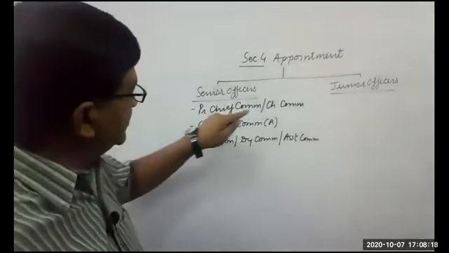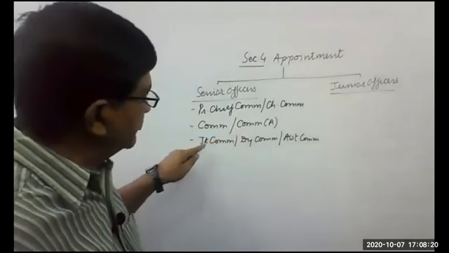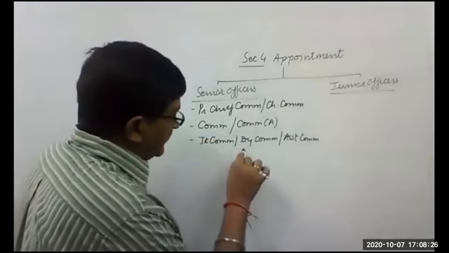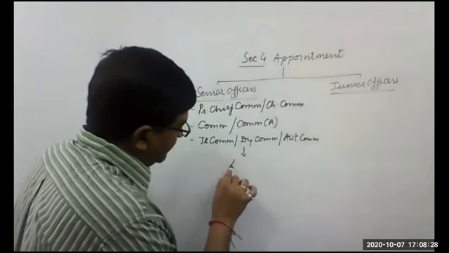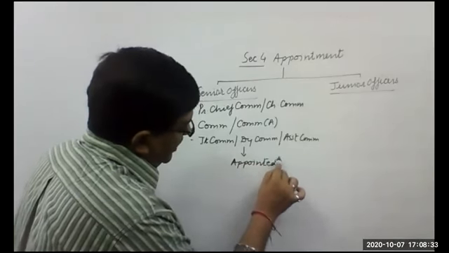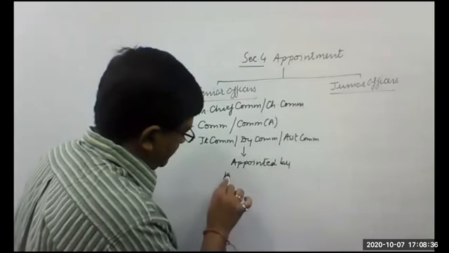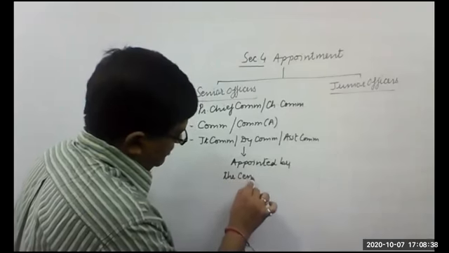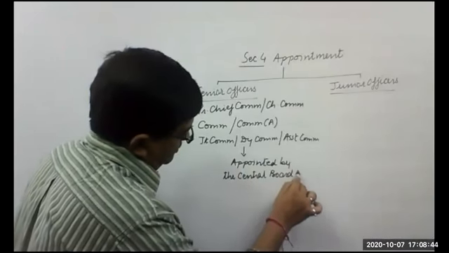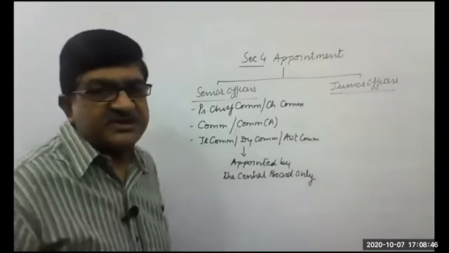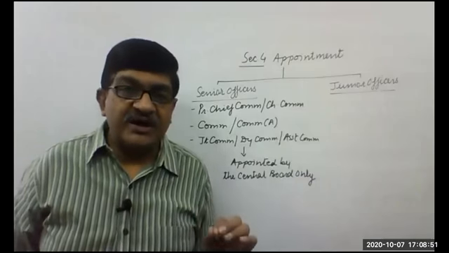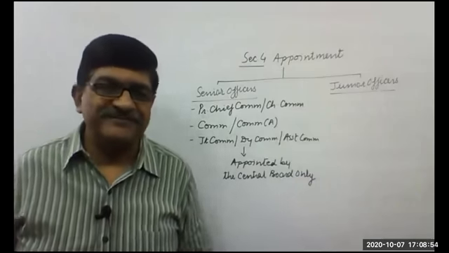So principal chief commissioner, commissioner, commissioner appeals, joint commissioner, deputy commissioner, assistant commissioner, and officers below that. As far as these officers are concerned, they are appointed by the central board only.